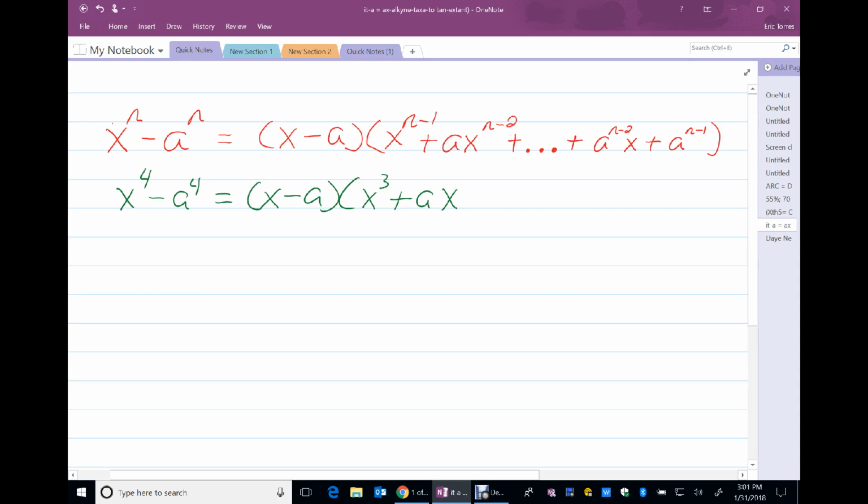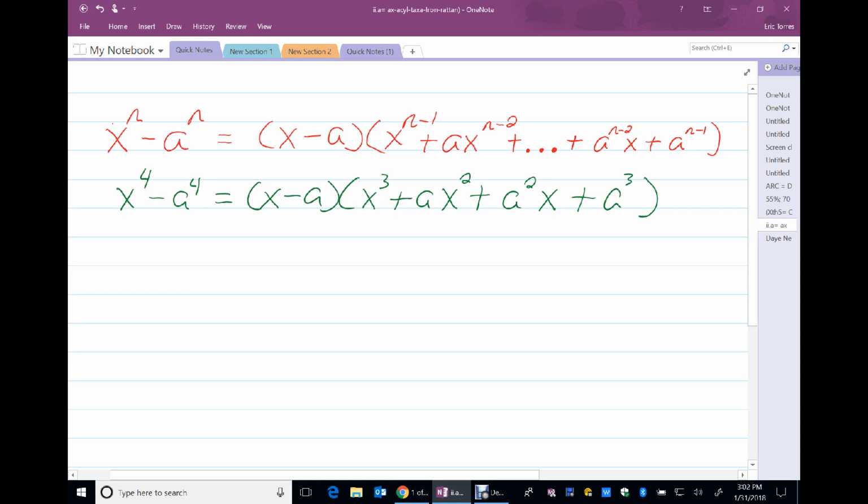So 4 minus 2 is 2, plus a squared times x. Again, I keep subtracting 1 from the exponents on x. I keep adding 1 to the exponents on a until I get my full pattern out, and the largest exponent should be 1 smaller than the original left-hand side.